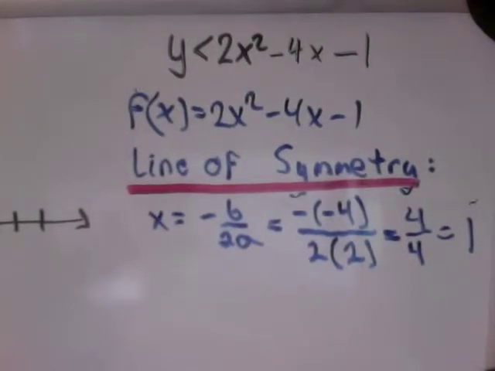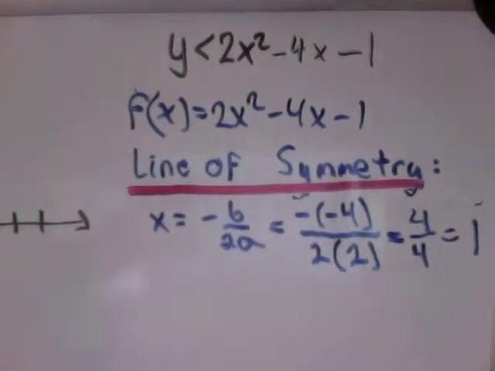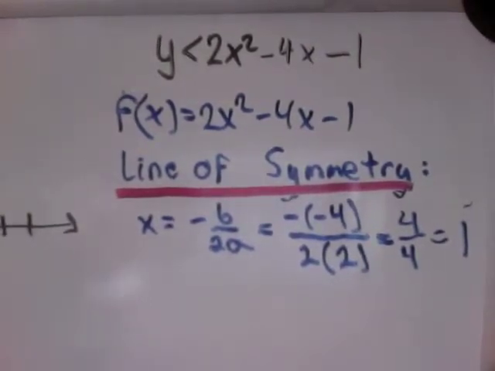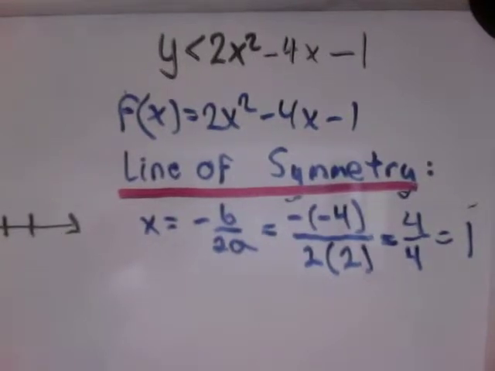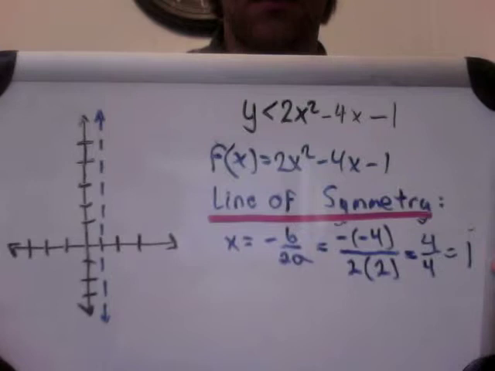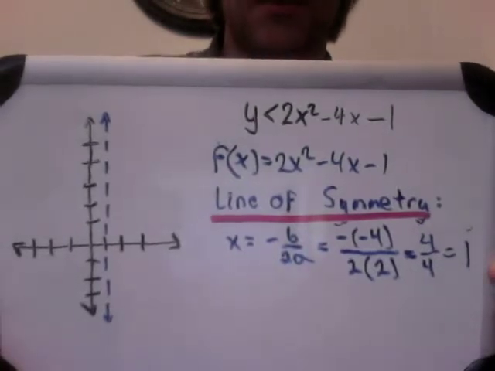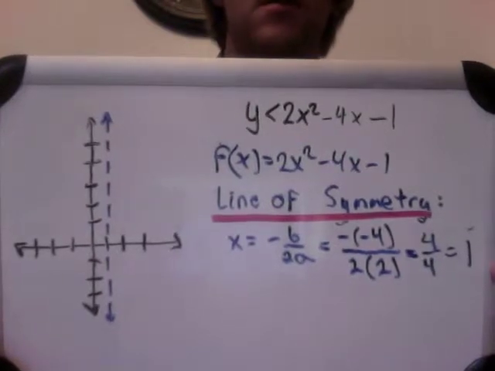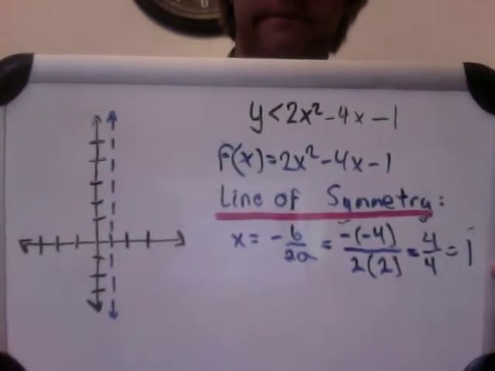In order to graph this quadratic function, which is in standard form, we will start out by using the equation to find the line of symmetry, x equals negative b over 2a. The line of symmetry is drawn here, perpendicular to the x-axis at x equals 1.